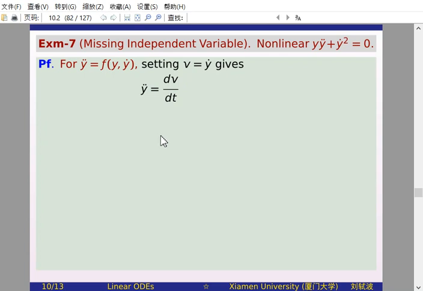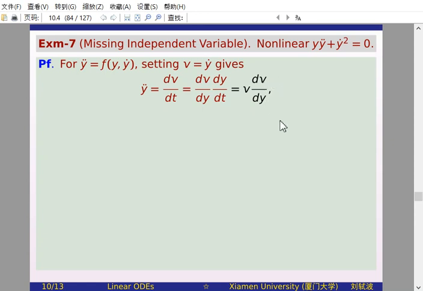Then dv dt, we can write using the chain rule as dv dy multiplied by dy dt. Here dy dt is y prime, and y prime is v. So this is v dv dy.